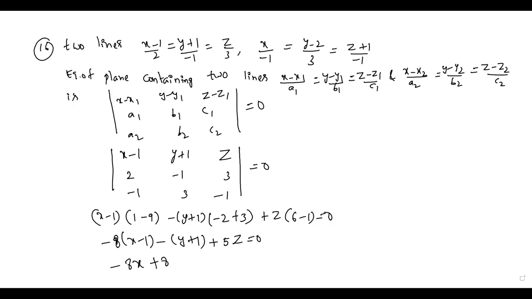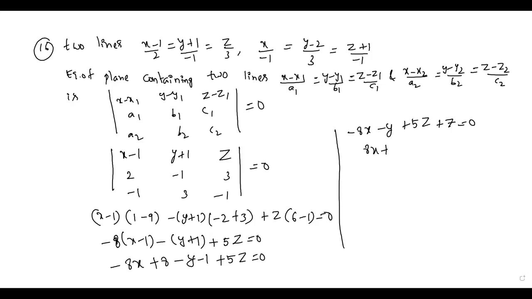Minus 8x plus 8 minus y minus 1 plus 5z equal to 0. Finally, the equation of the plane: write in order, minus 8x minus y plus 5z plus 8 minus 1, that is 7. Multiply with minus: 8x plus y minus 5z minus 7 equal to 0.